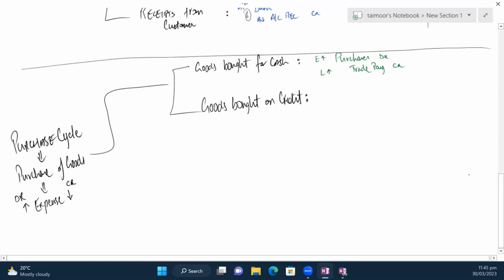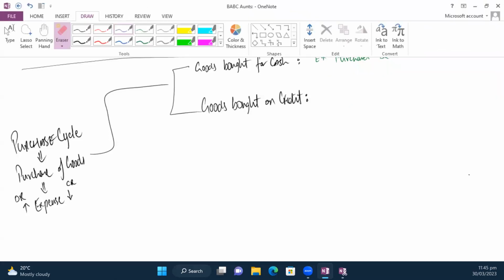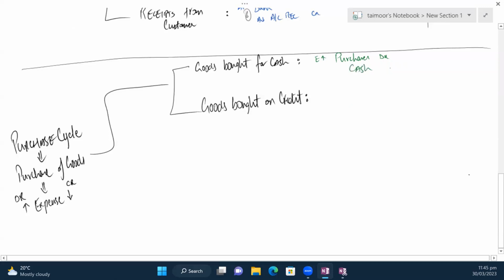Is it the correct entry? No, this is not the correct entry. So because you are paying cash, so this is going to be purchase debit and cash credit, asset decrease. But in the later entry, it's going to be purchases debit and trade payable credit.